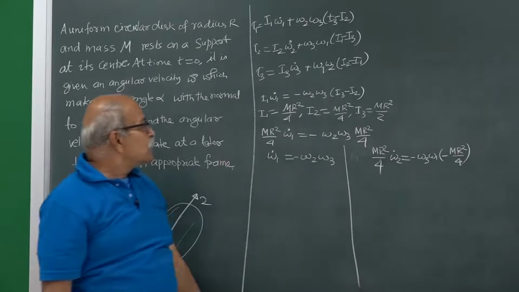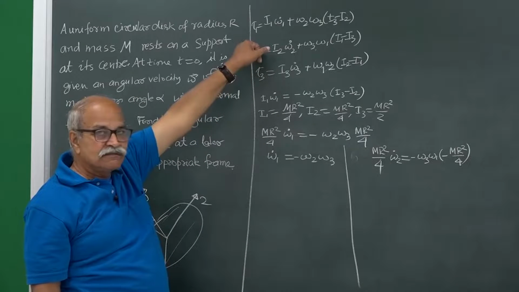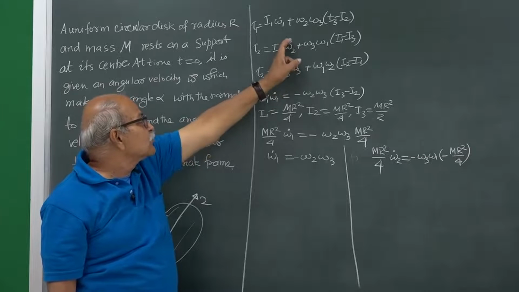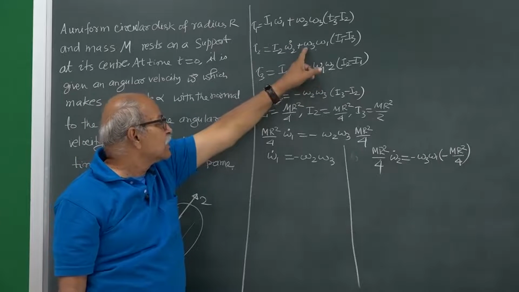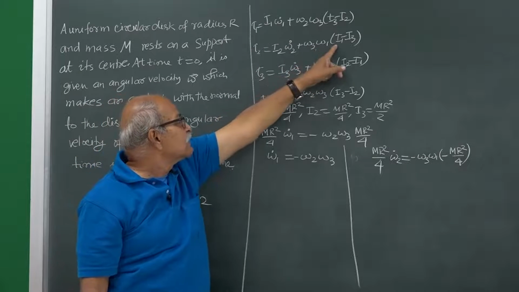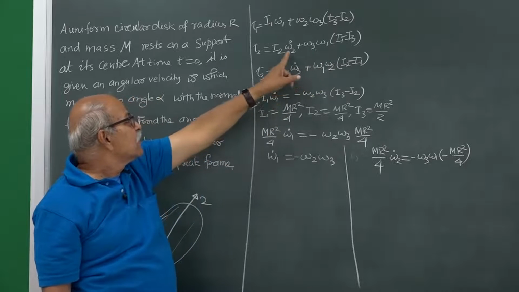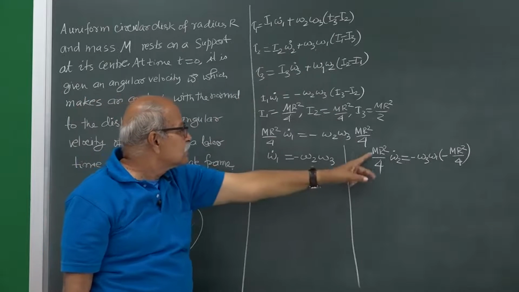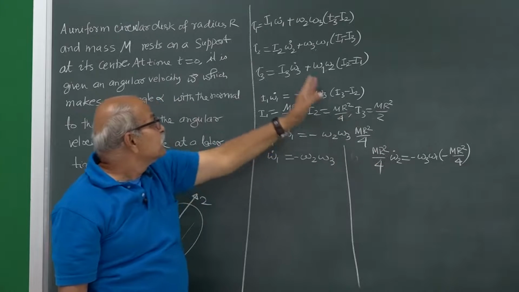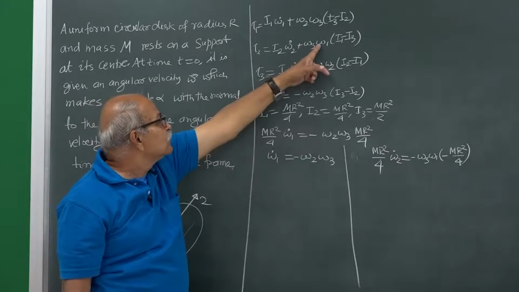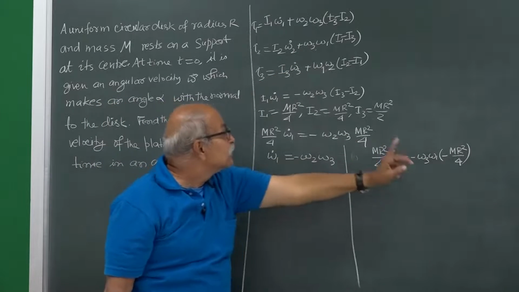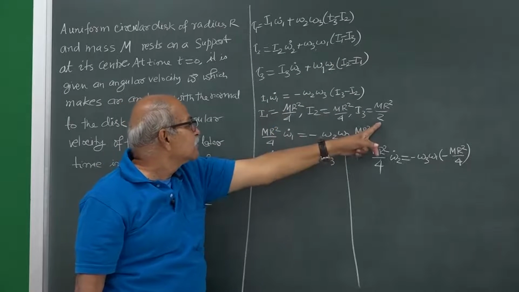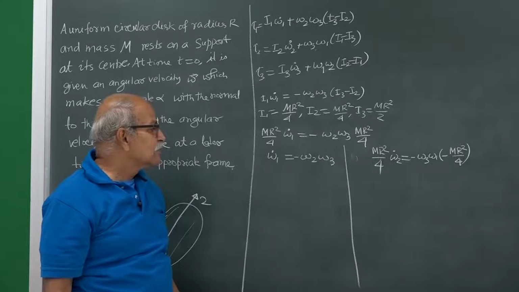See it once again, what I am doing? I am writing this equation, and tau 2 is 0. So, 0 is equal to this. So, I2 omega 2 dot is negative of omega 3 omega 1 into I1 minus I3. I2 omega 2 dot is equal to minus omega 3 omega 1, and then I1 minus I3, which is minus mr square by 4.